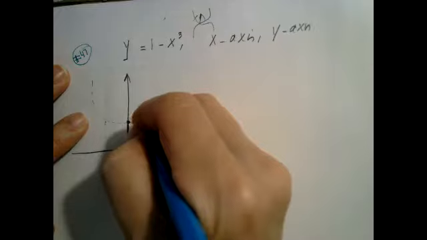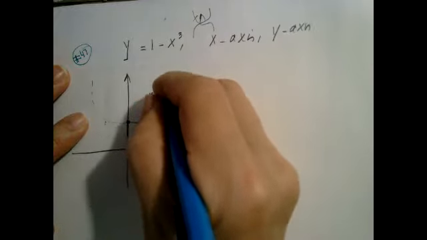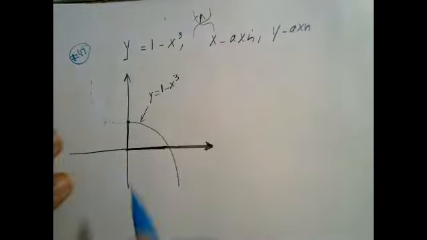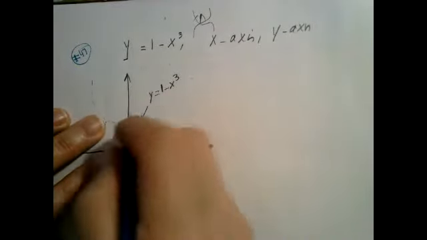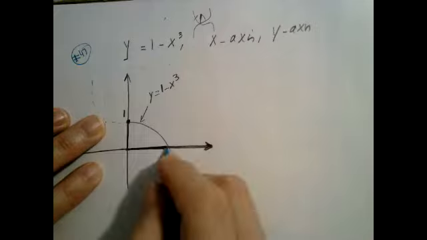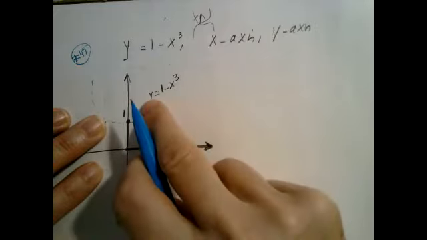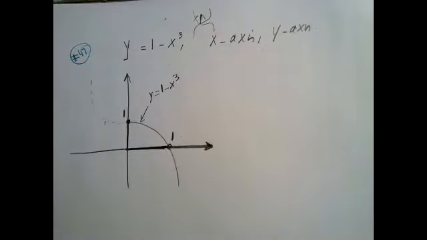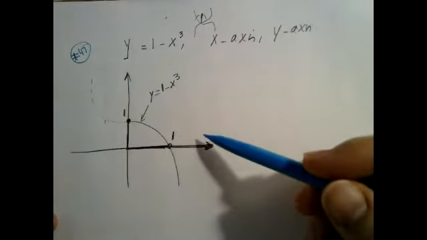So this is y equal 1 minus x cubed, right? So at this point, x equal to 0, y equal to 1. And at this point, if y is 0, x will also be equal to 1. So this is my region. And the question is, when is the volume larger?